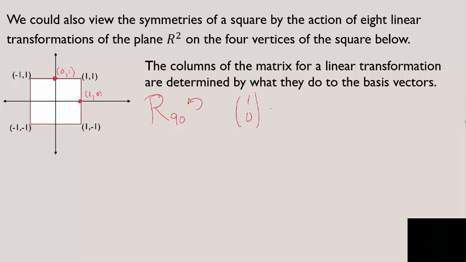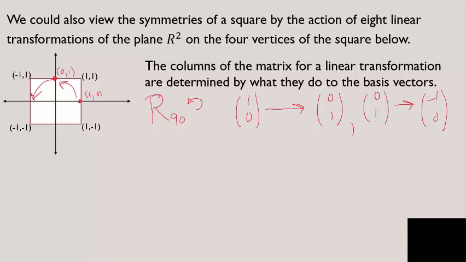A 90-degree rotation is going to send it up to 0, 1. And it will take the basis vector 0, 1 and rotate it 90 degrees. It's going to move it to the point minus 1, 0.